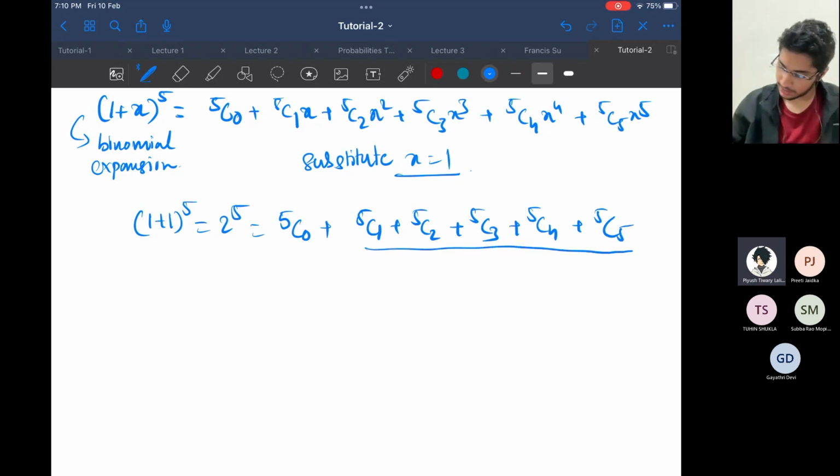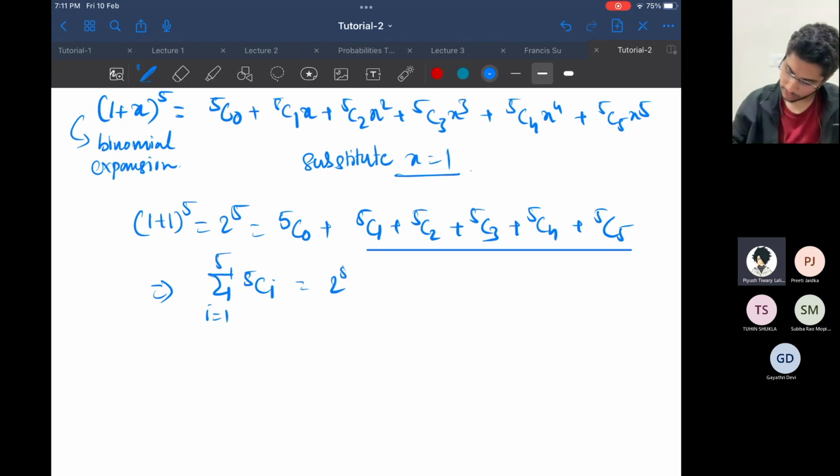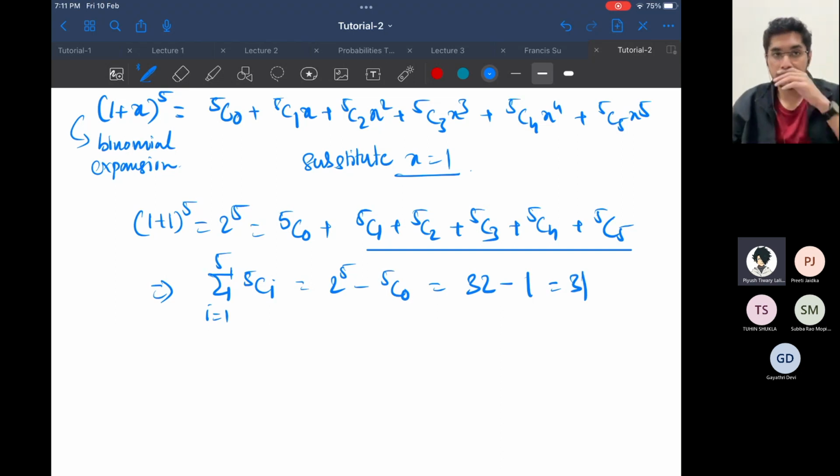The sum that we want to calculate, summation of 5ci with i from 1 to 5, will become 2 raised to 5 minus 5c0. 2 raised to 5 we know is 32, and 5c0 is 1, hence this will become 31. So the answer will be 31 in this case.